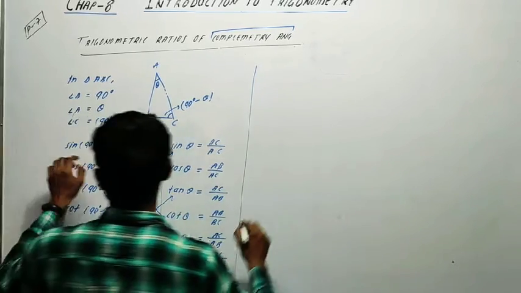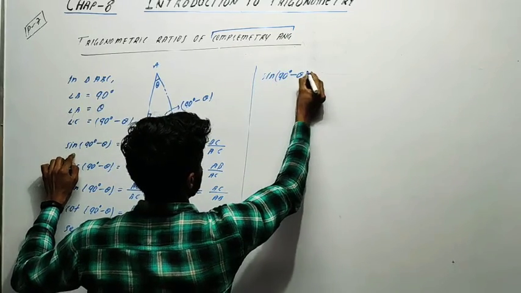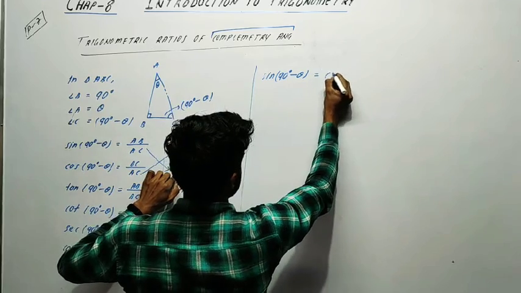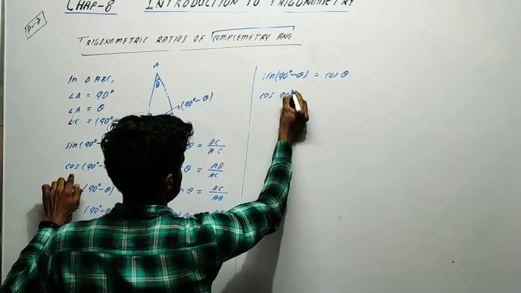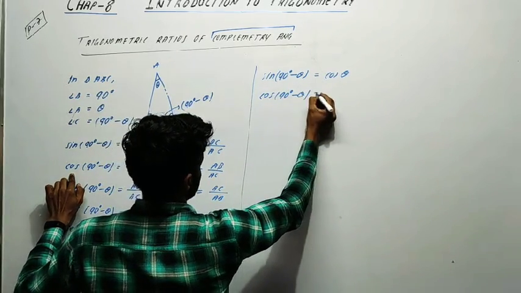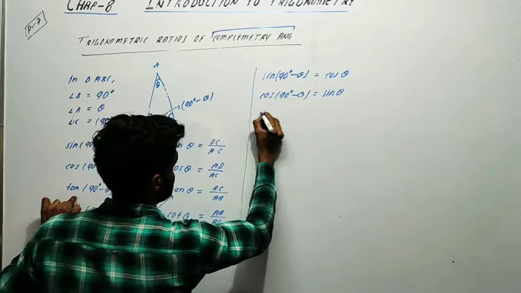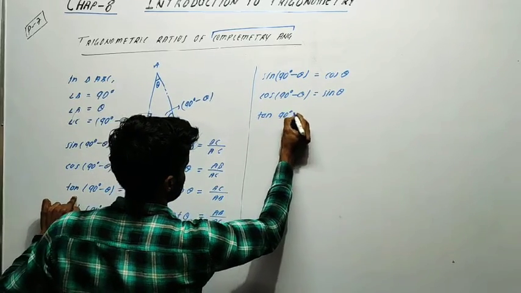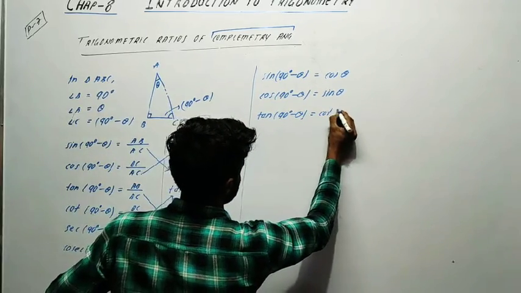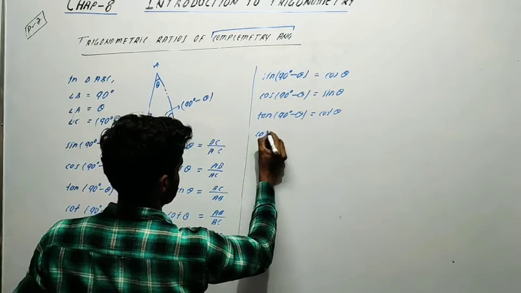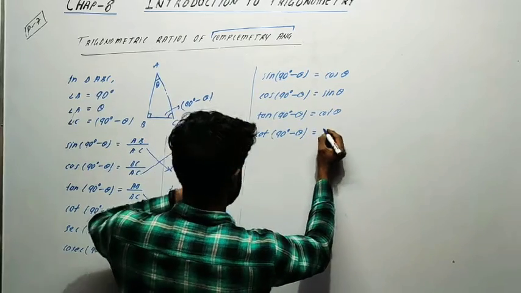From these columns we find sin 90 degrees minus theta is equal to cos theta, and cos 90 degrees minus theta is equal to sin theta, tan 90 degrees minus theta is equal to cot theta, and cot 90 degrees minus theta is equal to tan theta.